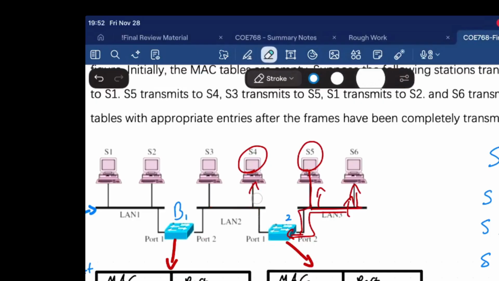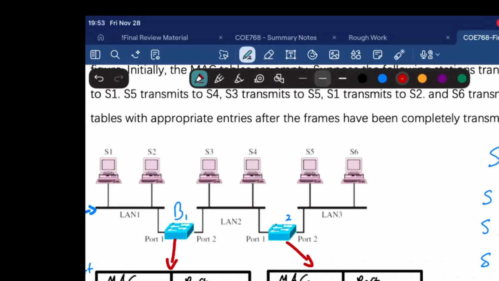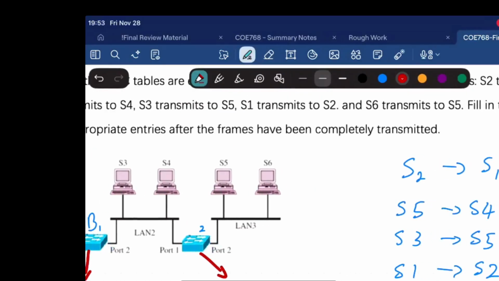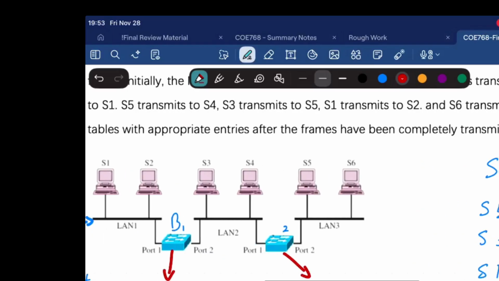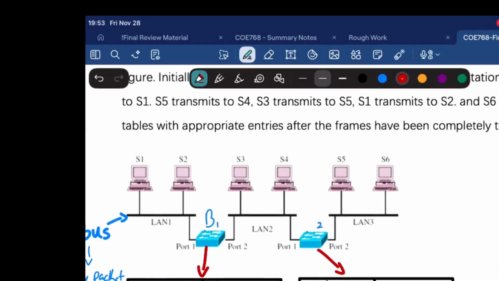Okay, any questions so far for this? I will take that as a no and move on to our third transmission. S3 transmitting to S5. So from here, S3 sends packet onto bus, it goes to B2 and also B1. So both of these, by direct connection, know exactly where S3 exists.